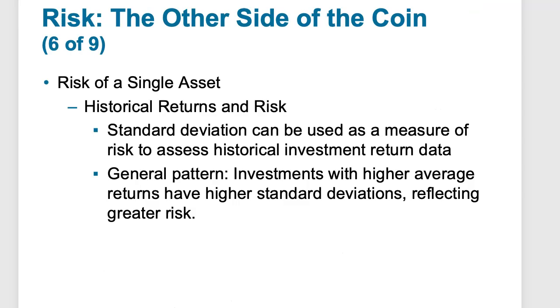Okay, so the risk of a single asset, we want to look at historical returns and risk. So the standard deviation is going to be a measure of risk through accessing the historical data. And the general pattern is that investments with higher average returns are going to have higher standard deviations, which are going to reflect this greater risk.